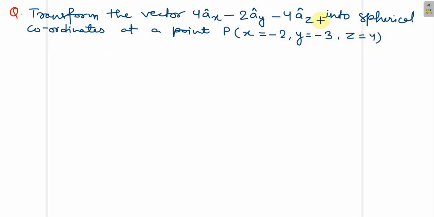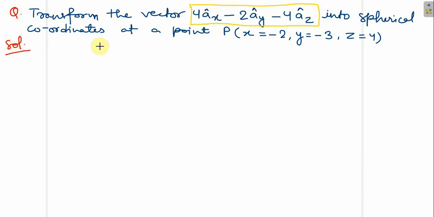Now look at this vector. Okay, so in this vector the unit vectors are ax, ay and az. So there is no doubt that it is given in the Cartesian system. Okay, and now we have to go from Cartesian to spherical. So what kind of transformation do we need here?